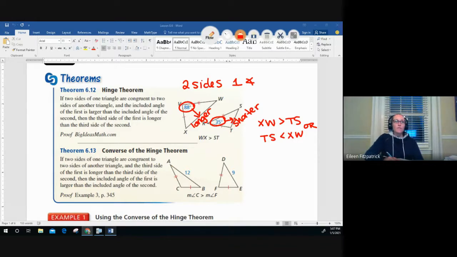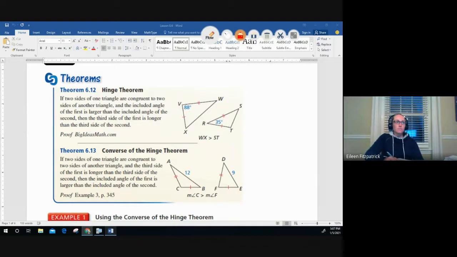The converse of the hinge theorem: you're given information about all 3 sides, so one side is congruent to another, a second side is congruent to another, but the third sides are not congruent. So again, I can't say the triangles are congruent. This is not side-side-side congruence, right? But what you can do using the converse is make a conclusion about a pair of angles.